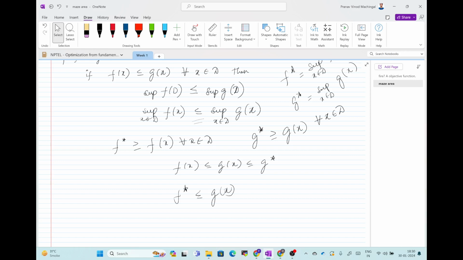So you're saying this is true for all x in D. But how can you say it is true for all x in D?